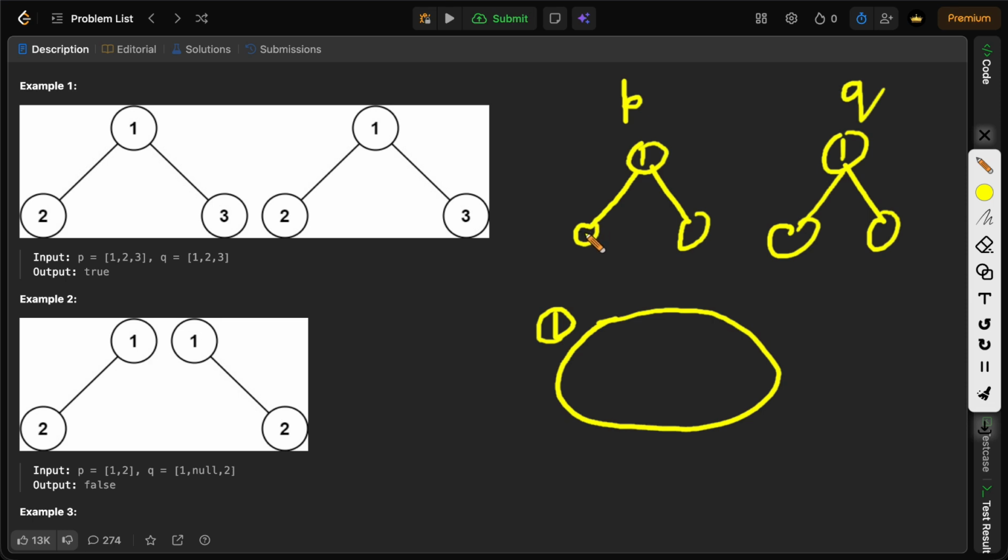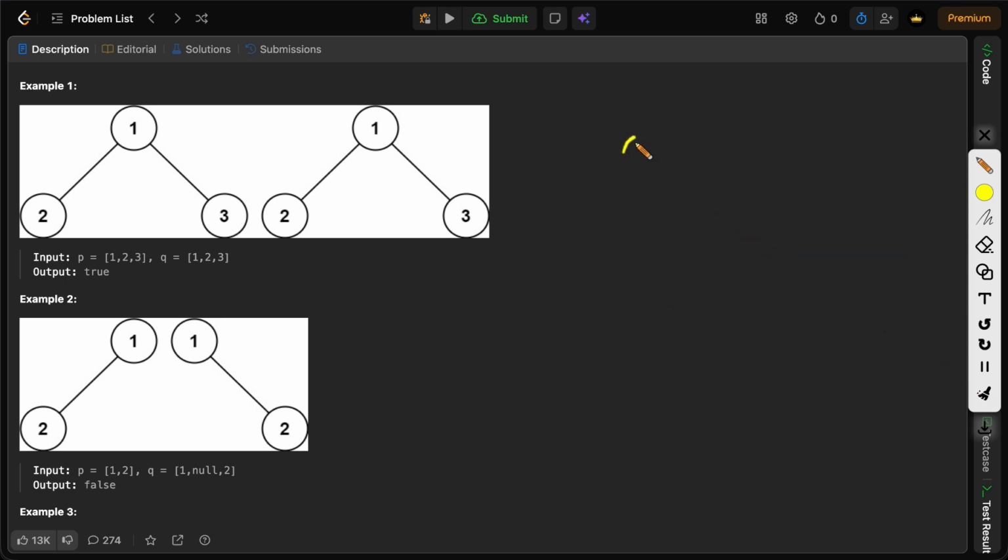So on the left side we see if there is any value, and if this value is equal to this value. Suppose one tree has a null value and the second tree has some value like 1.